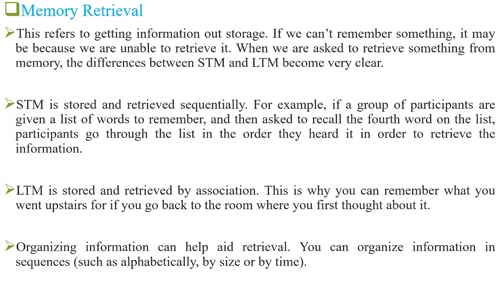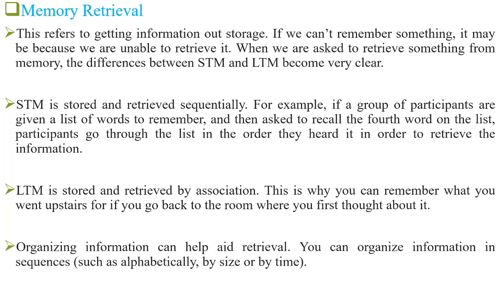But long-term memory is stored and retrieved by association. So we have this association. This is why you can remember what you went upstairs for if you go back to the room where you first thought about it. Sometimes, for example, you want to go upstairs to bring something.